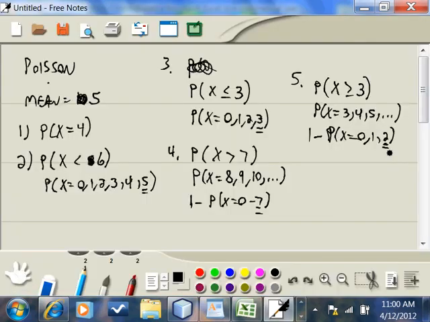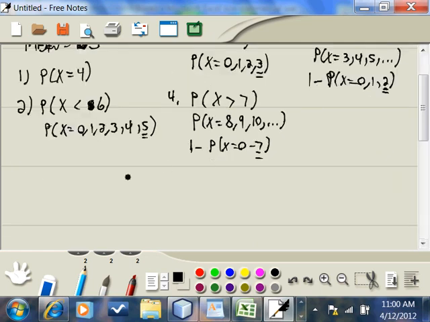Well, we've got the between case now. Let me scroll down a little bit so I have a little bit of room to work. It's going to be between 3 and 7.